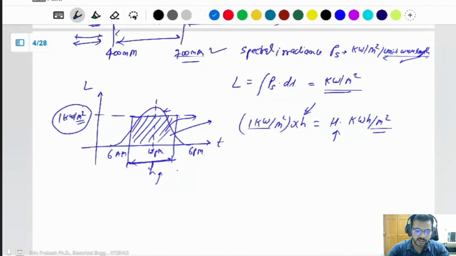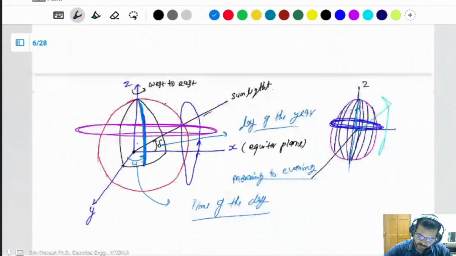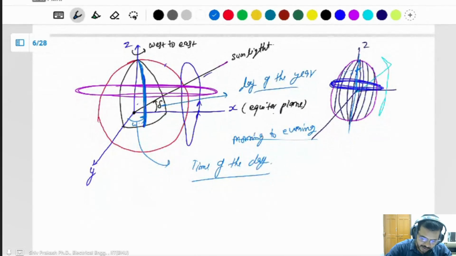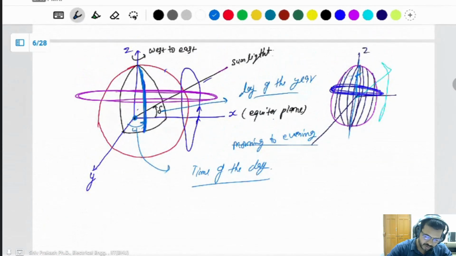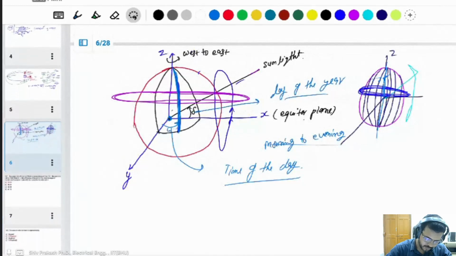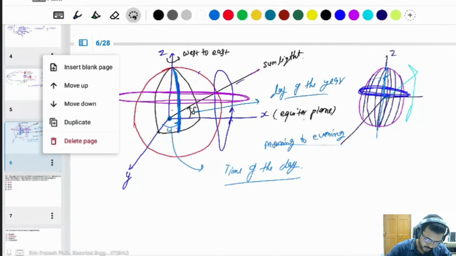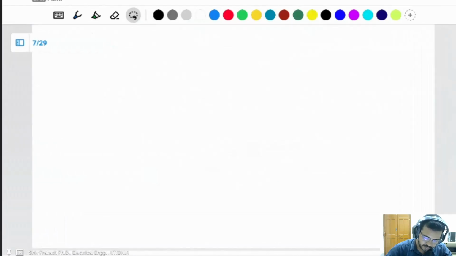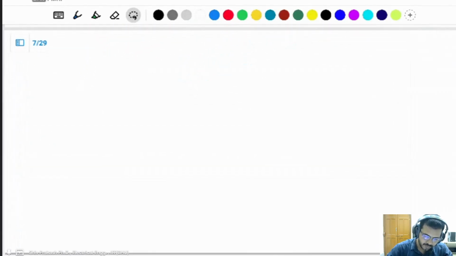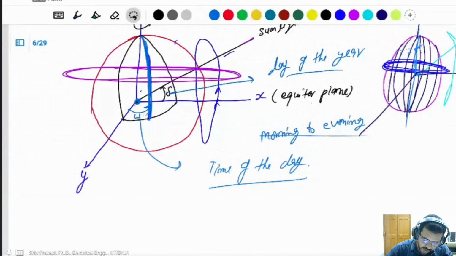I will just explain how you can calculate this by a simple way. This depends on the center of the earth. I reduce the size of this. This occurs at the center of the earth only.